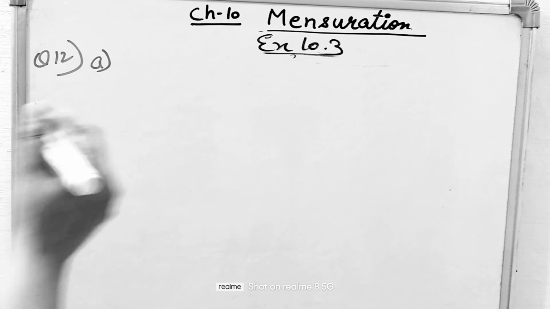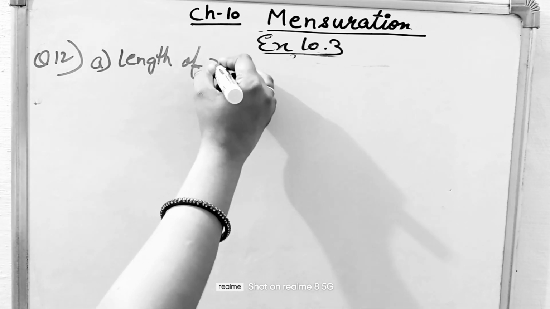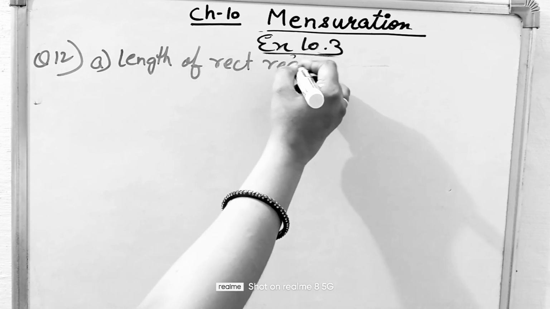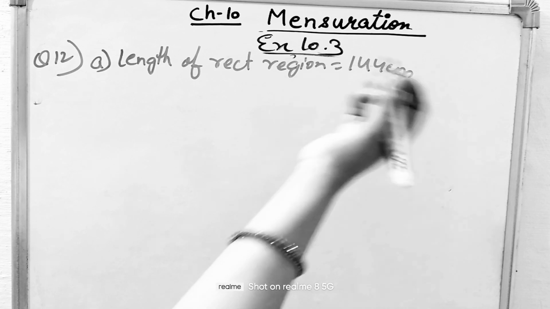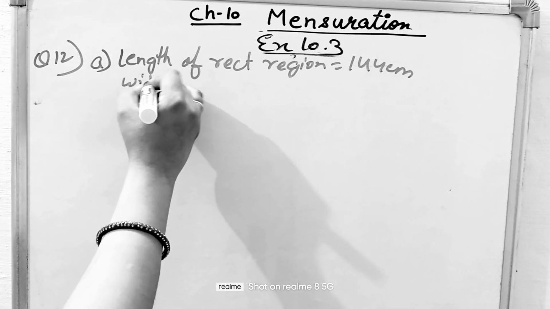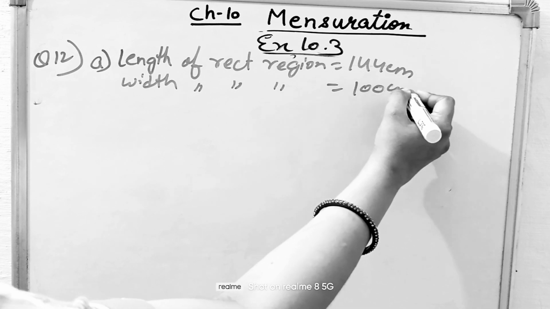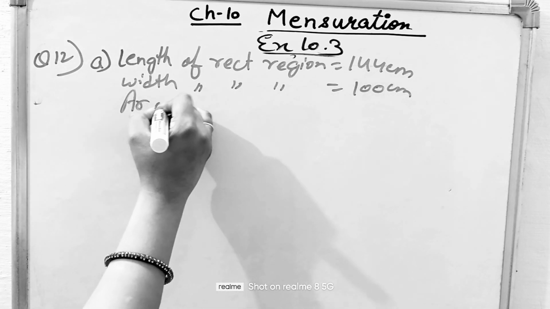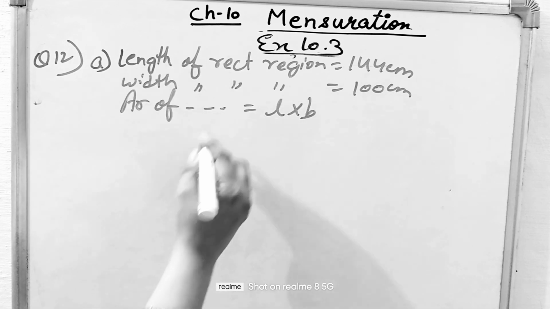Firstly, we will write length of rectangular region. You can take 100 or 144 centimeter, anyone. Width of rectangular region 100 centimeters. So area of rectangular region equal to length multiply breadth.